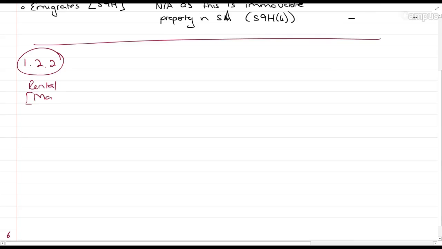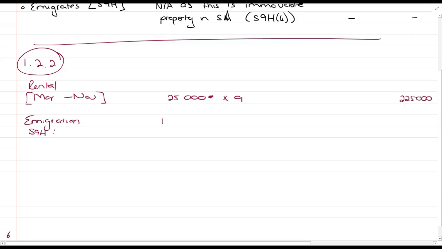So this is March to November, 9 months. 25,000 rands times 9 is 225,000 rands, which goes into her rands column. Then on immigration, Section 9H will apply here.